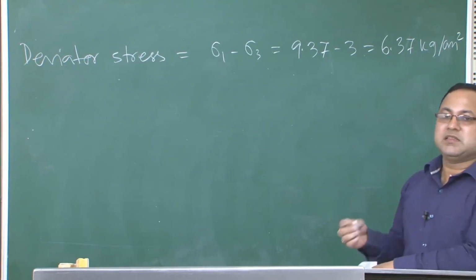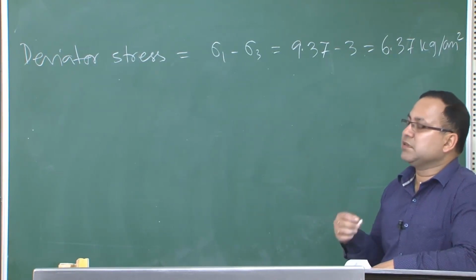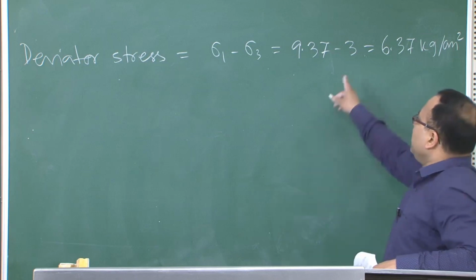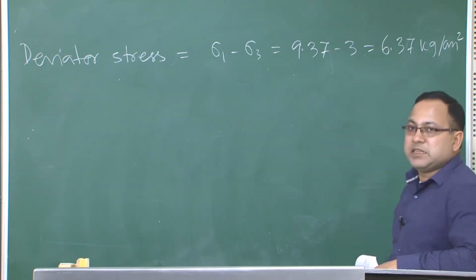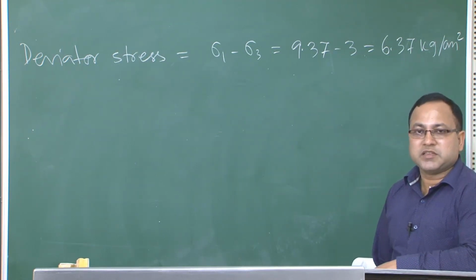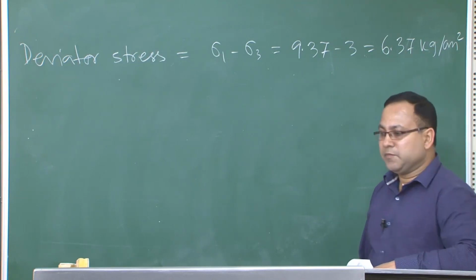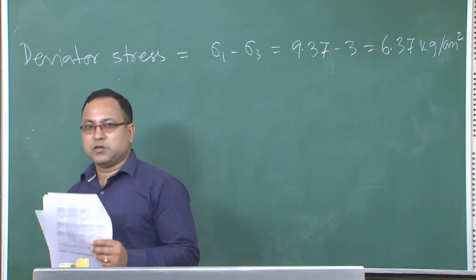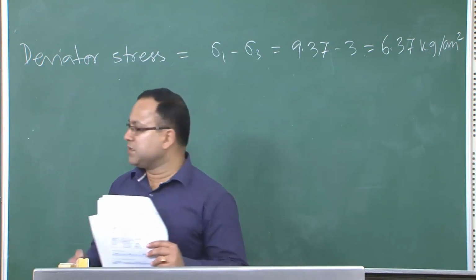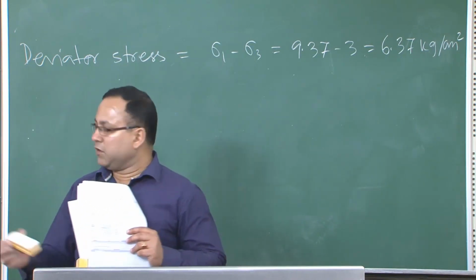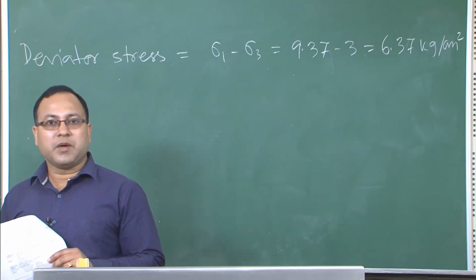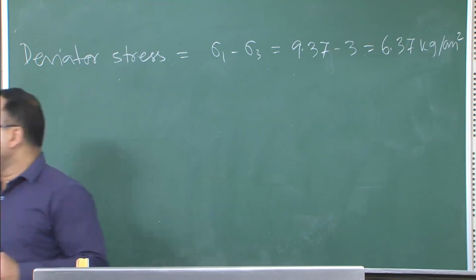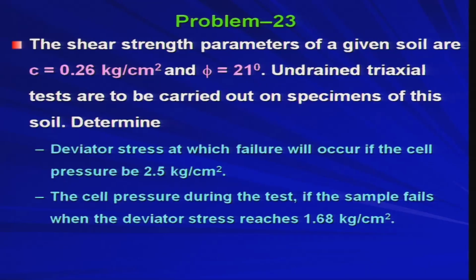So, if you increase the cell pressure to 3 kg per centimeter square, then you have to apply 6.37 as deviator stress to get the failure, okay, for the same soil. So, we have solved this problem. I hope that you have understood the concept and how we are playing with the parameters.